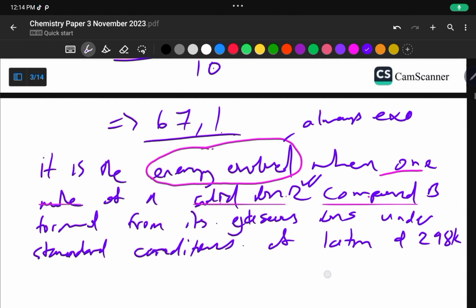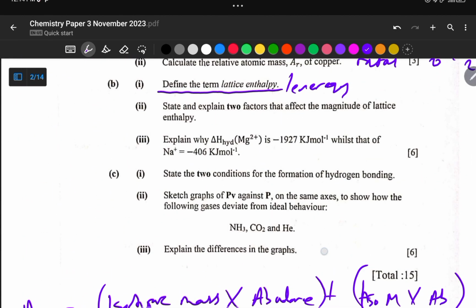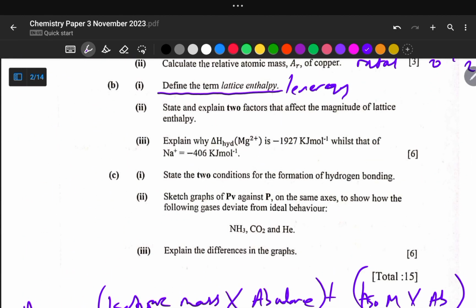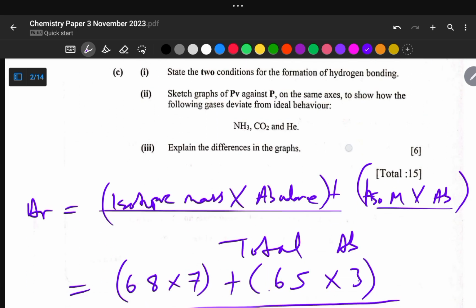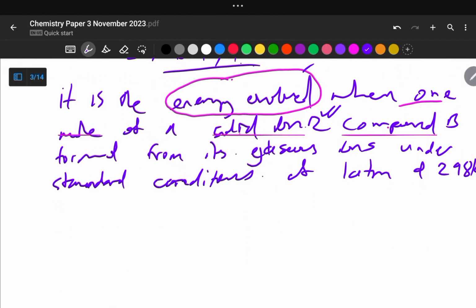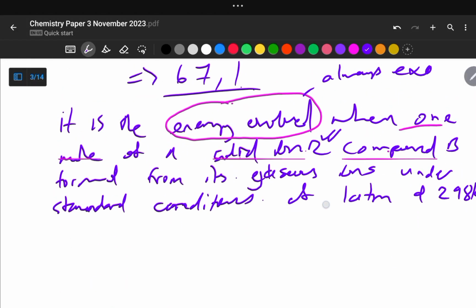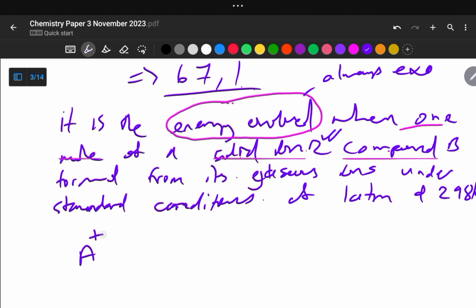We're going to move on to the next part of the question, which says state and explain two factors that affect the magnitude of lattice enthalpy. From the definition, we understand that it is the energy released, meaning it is always exothermic, when one mole of a solid ionic compound forms from a positively charged ion, the cation, and a negatively charged ion, the anion.